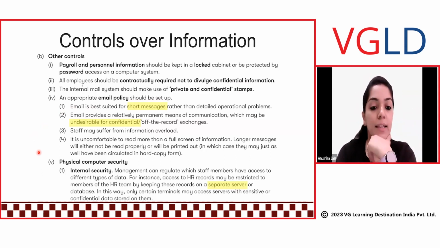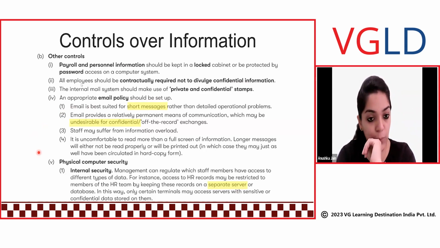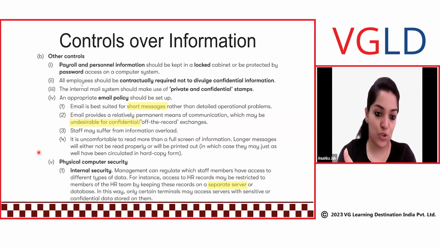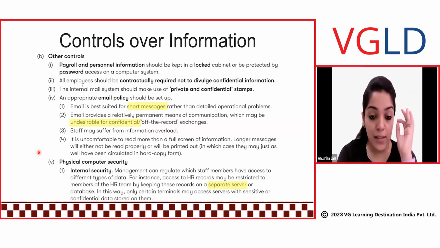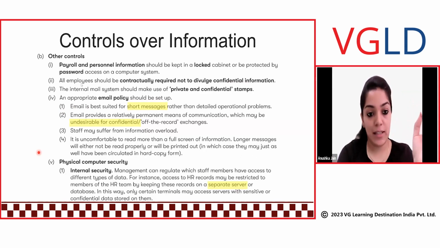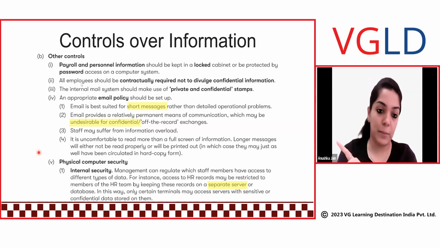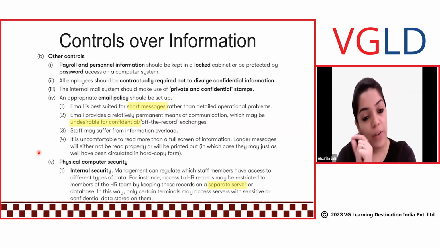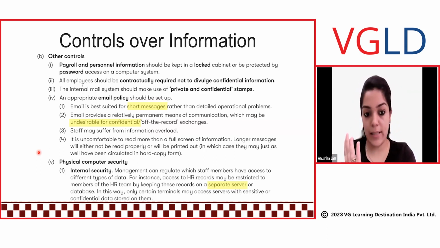Next is email provides a relatively permanent means of communication which may be undesirable for confidential or off the record exchanges. This is a mantra for corporate life. If something can be closed on a phone call, do not write emails about it. Emails should only be written when you need to just formalize it.